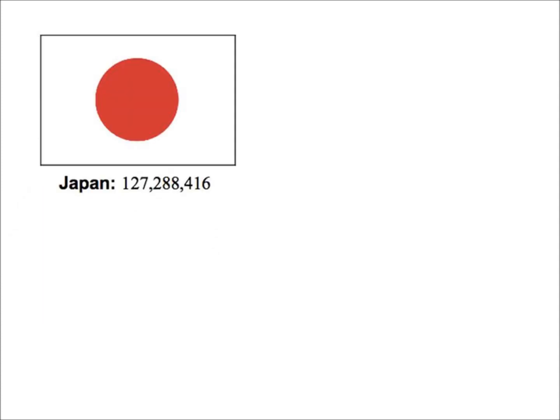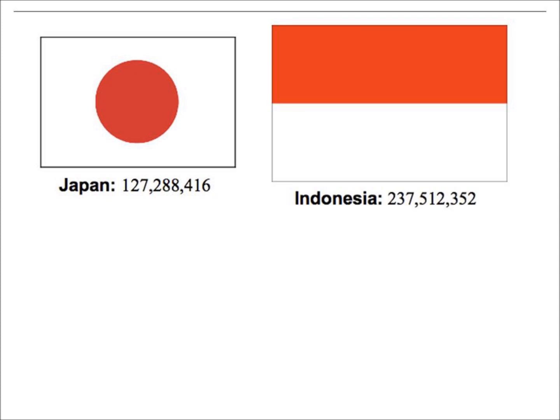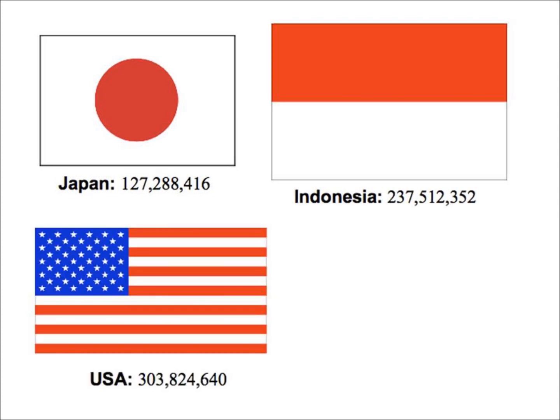Japan has a population of about 127,288,416 people. Indonesia, 237,512,352 people. USA, 303,824,640 people.